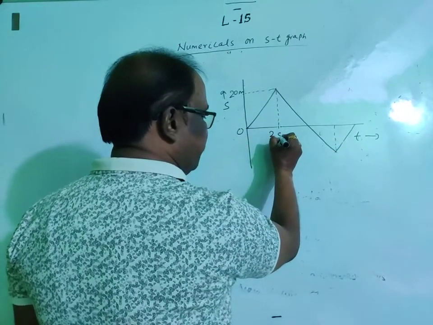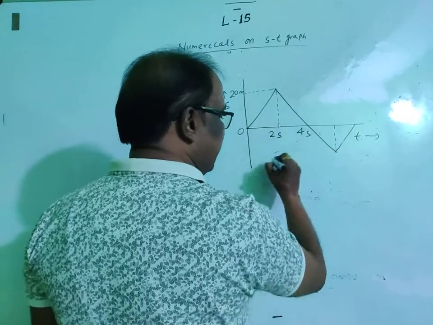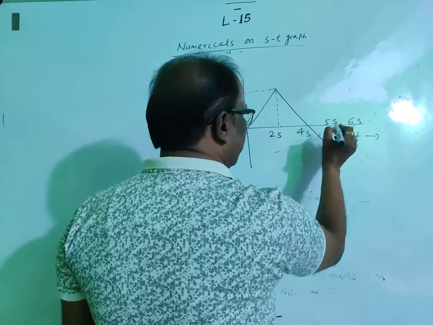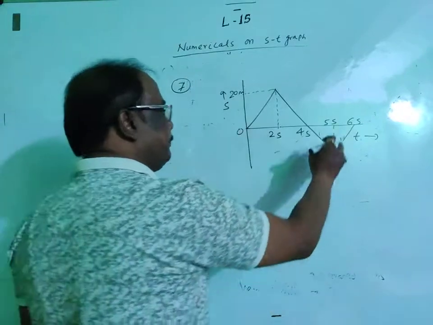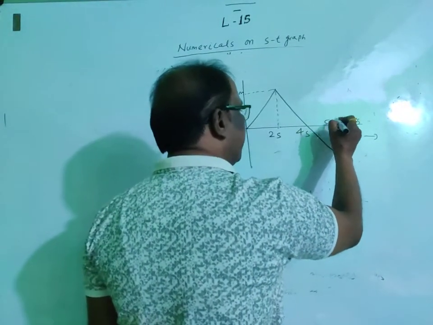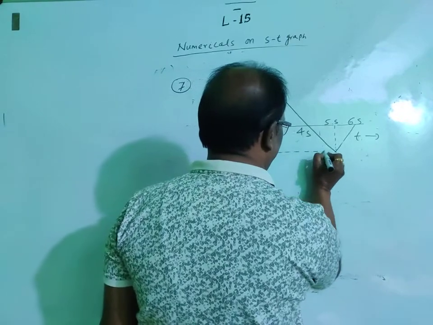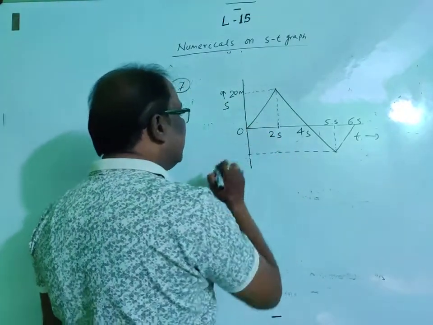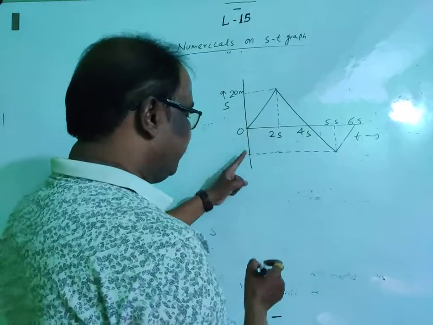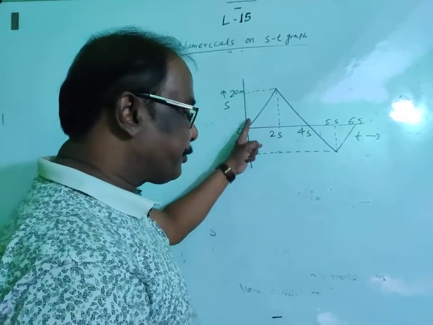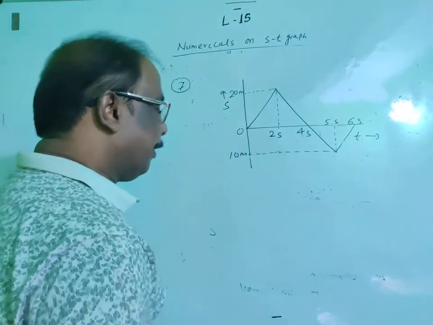Suppose this time is 2 seconds, this time is 4 seconds, and finally this time is 6 seconds. Here you may take 5 seconds. 6 seconds, this is 5 seconds. This is origin, and this position is again 10 meter but in negative direction.